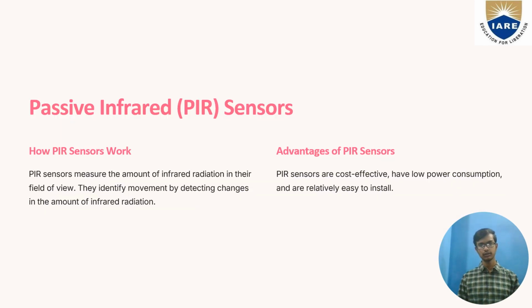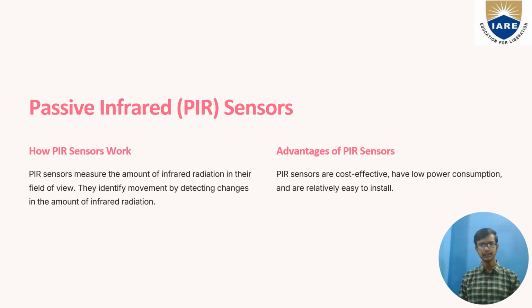Now let's talk about passive infrared sensors, or PIR sensors, and how they work. These sensors measure the amount of infrared radiation detected in their field of view.